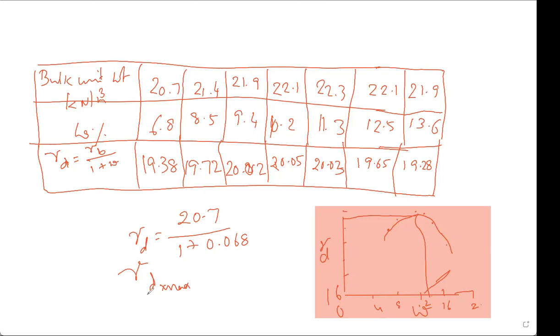And you can even get the value of the optimum moisture content. See, in my figure, I have got this as 20.05 kilonewton per meter cube.